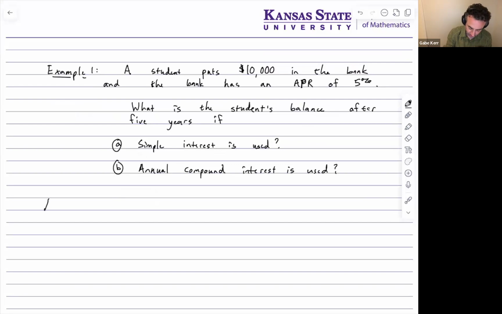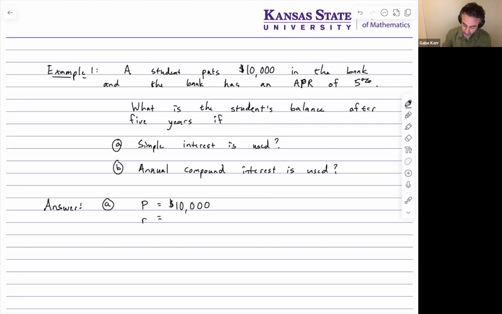So here's our answer. For A, it's a bit of review. We need to calculate all of our variables here. Our P is the principal, and the principal is $10,000, the initial amount. You can think of the student as being the lender and the bank being the borrower.